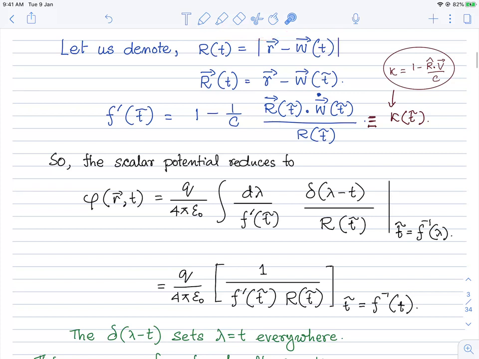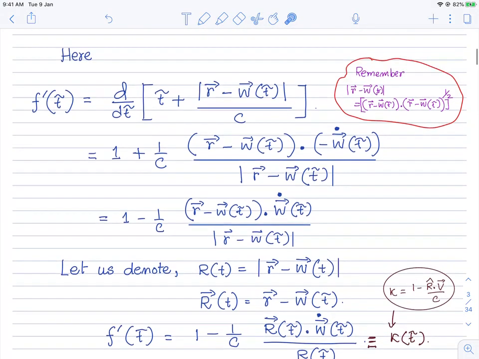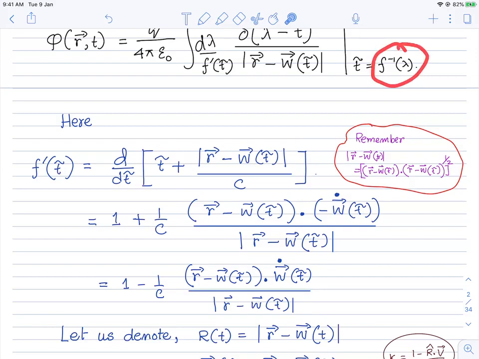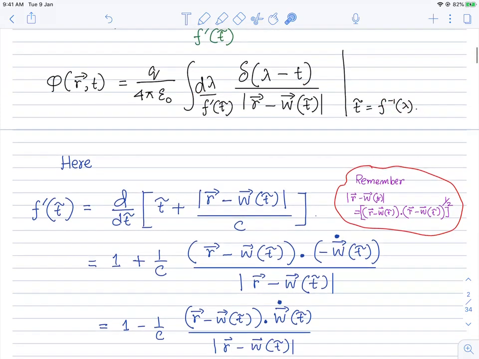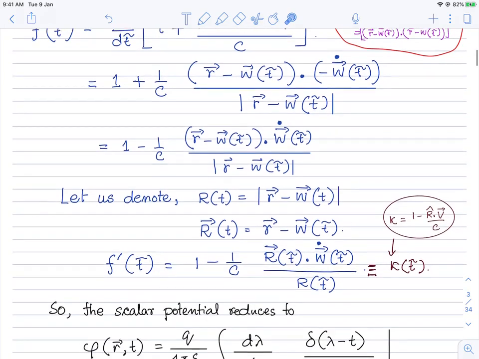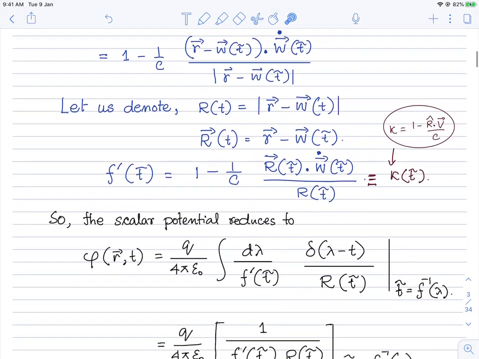And t tilde becomes f inverse of t, because in this formula it was f inverse of lambda, but due to the delta function, lambda has become equal to t. So instead of substituting t tilde through lambda, we substitute t tilde using f inverse of t. That's all this delta function does. So that is the idea, and then we get this solution.